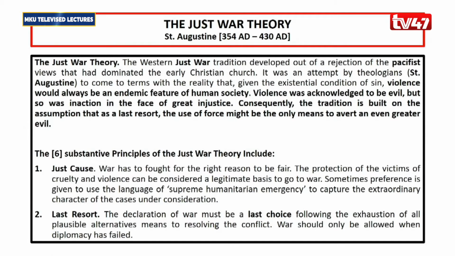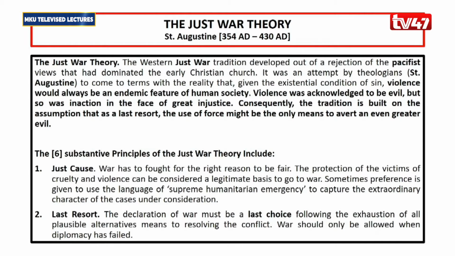Consequently, the tradition is built on the assumption that as a last resort, the use of force might be the only means to avert an even greater evil. So it's a last resort, and it's intended to do good as opposed to harm.